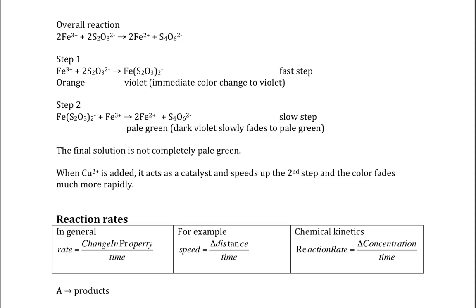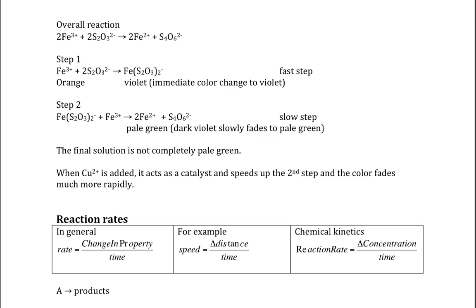Here's a reaction involving iron 3+ and S2O3 2-. That reaction is not a quick one. In that reaction, the Fe3+ has an orange color, and the Fe2+ has a pale green color. The sulfur compounds are colorless.